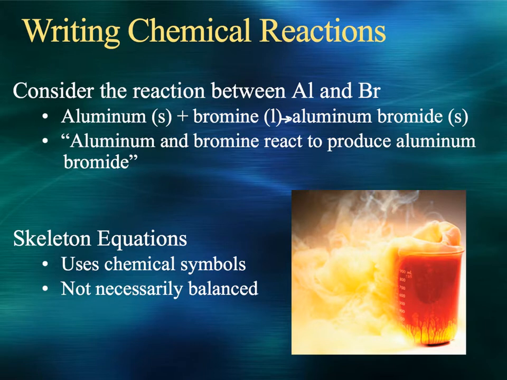So you are going to write what is called a skeleton equation, and this is just using the symbols and what you know about the states of matter of those things to write a reaction. It is not necessarily balanced. We will do that later on. If it tells you to balance it, then balance it. Otherwise, it just wants the basic what is happening here.